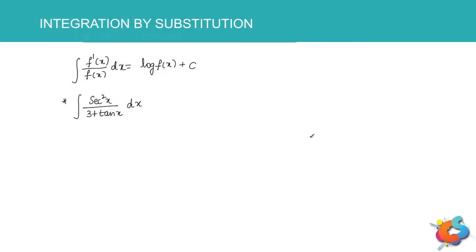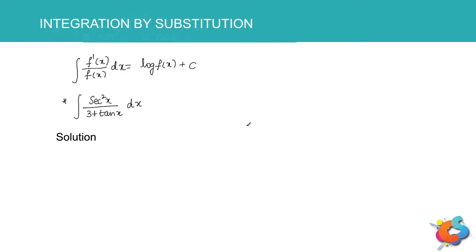We now solve problems by the method of substitution. Whenever integration of the function is not possible by using the standard formulas of integration, we go for the substitution method. Here, whenever I differentiate the denominator, the derivative of tan x is secant square x. We have it in the numerator. So this given integrand is like the integration of f dash x by f of x.